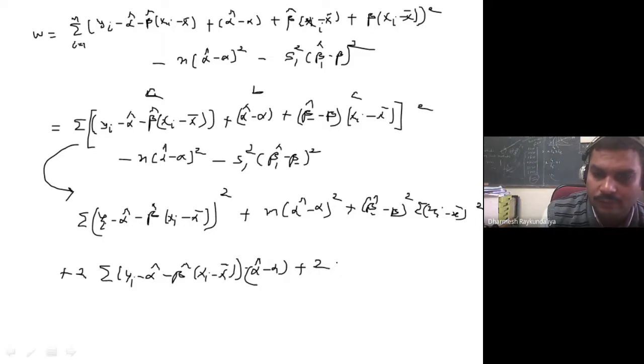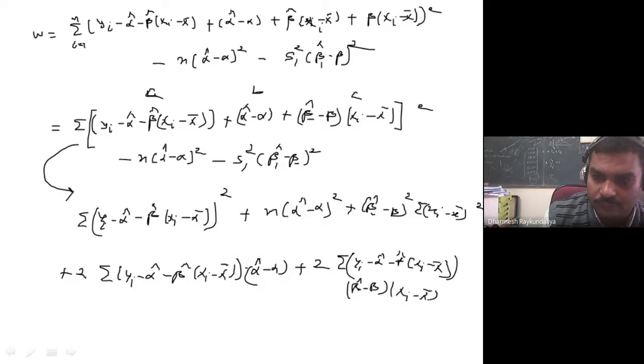So it is twice of summation yi minus alpha cap minus beta cap xi minus x bar into beta cap minus beta xi minus x bar.